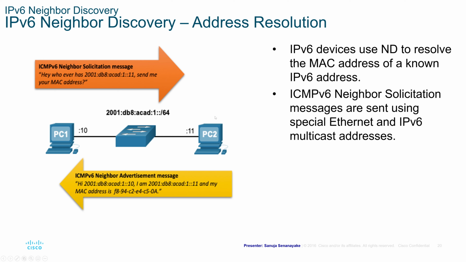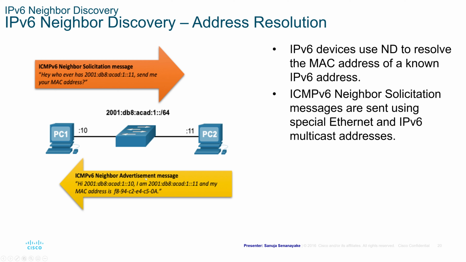And then when that message is received by this particular IP address, in this case PC2, it's going to reply saying, hi, I am that IP address and my MAC address is so on and so forth. And then that information gets updated when the advertisement message is received back.